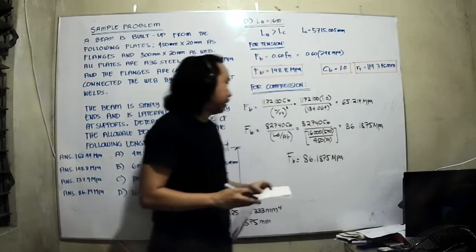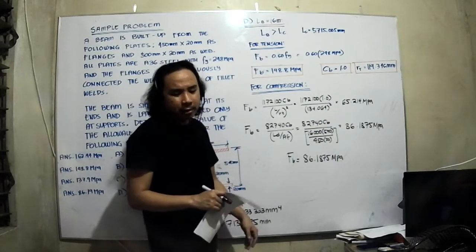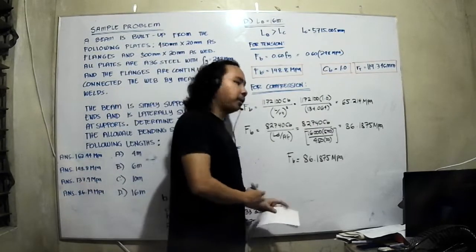Okay? So, now we compare it to 0.6 Fy. 0.6 Fy is equal to 148.8. It is below 0.6 Fy.